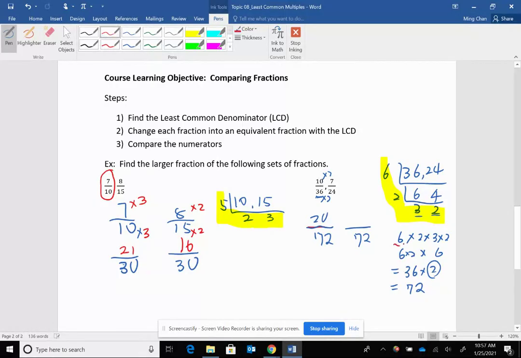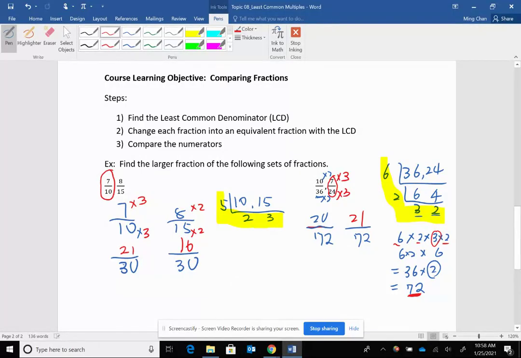You see right here, 6 times 2 times 2 is 24, because 4 times 6 is 24. 24 will go into 72 how many times? 3 times. All right, 7 times 3 is 21. So 21 is bigger than 20. And this fraction on the right comes from 7 over 24, so this is a bigger fraction.